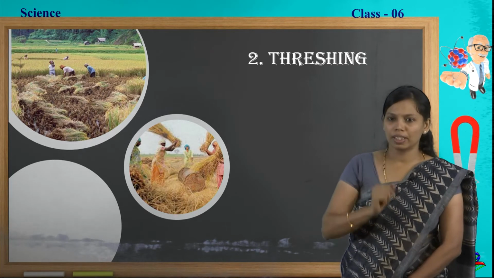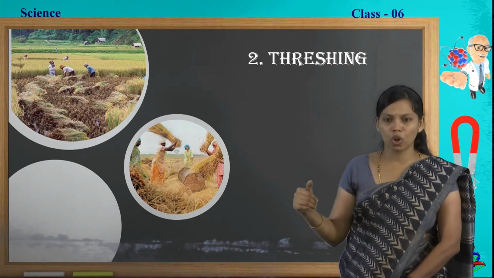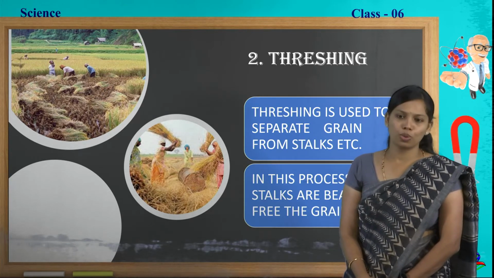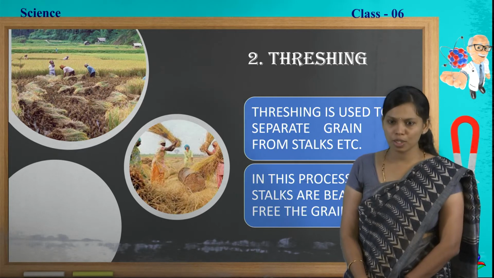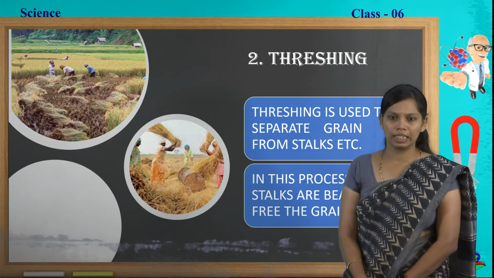So, the threshing method is involved in the harvesting. Before storing the crops, the grains should be separated from the stalks. Threshing is used to separate grain from the stalks. In this process, stalks are beaten to free the grains.